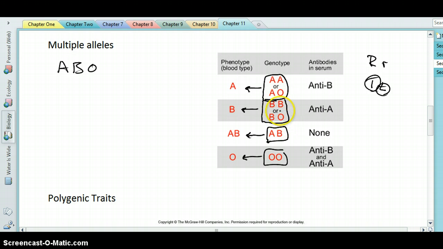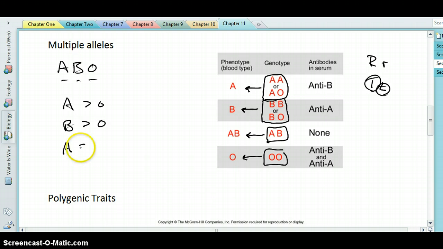So what does this tell us about the nature or the relationship between these different alleles? Well, what do you notice? Of course, A is dominant to O, because if you're AO, you have A-type blood. B is dominant to O, because if you have the combination BO, you have B-type blood.